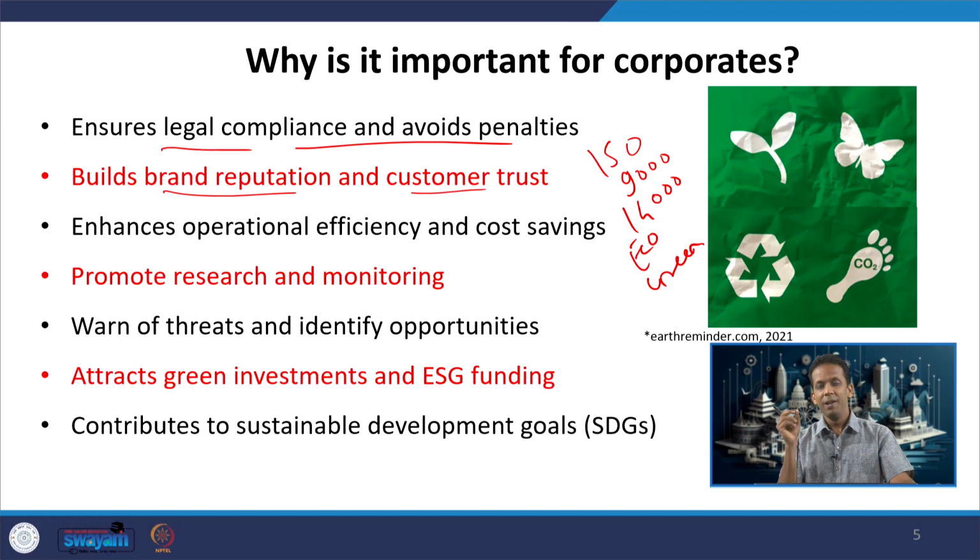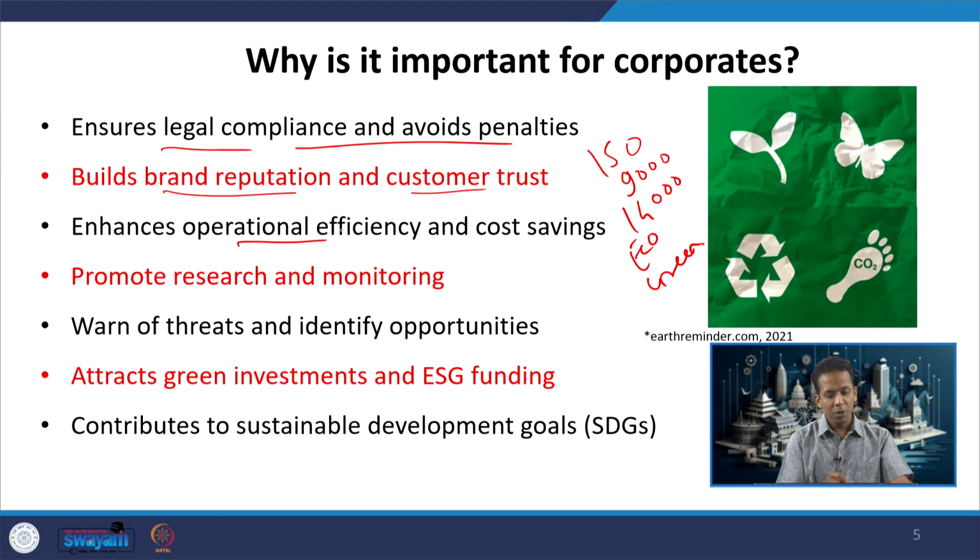That shows that deep inside, everyone wants to contribute to the environment and minimize the things that would have a negative impact on it. So, for companies it is important to include environmental management to build their brand reputation and gain customer trust.